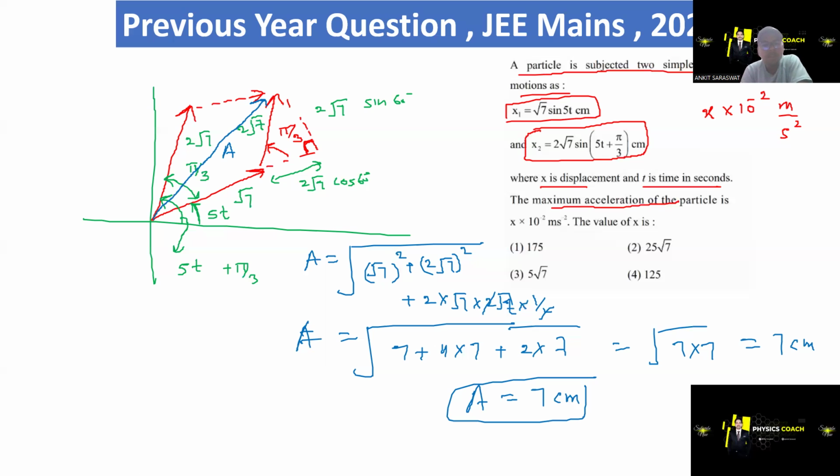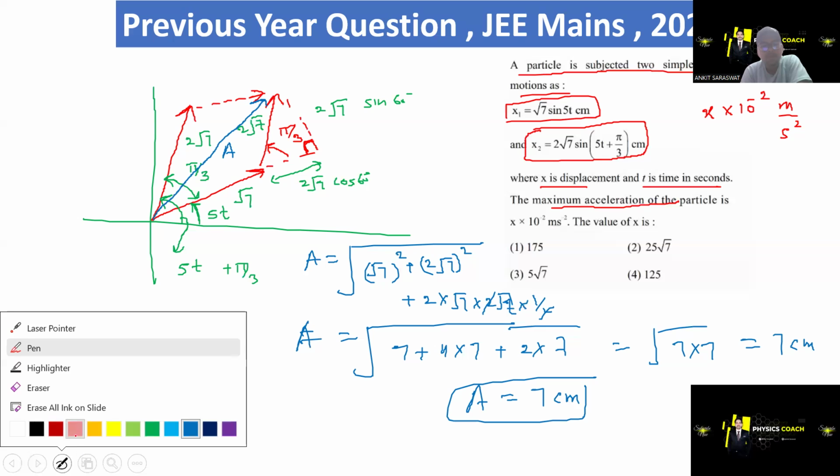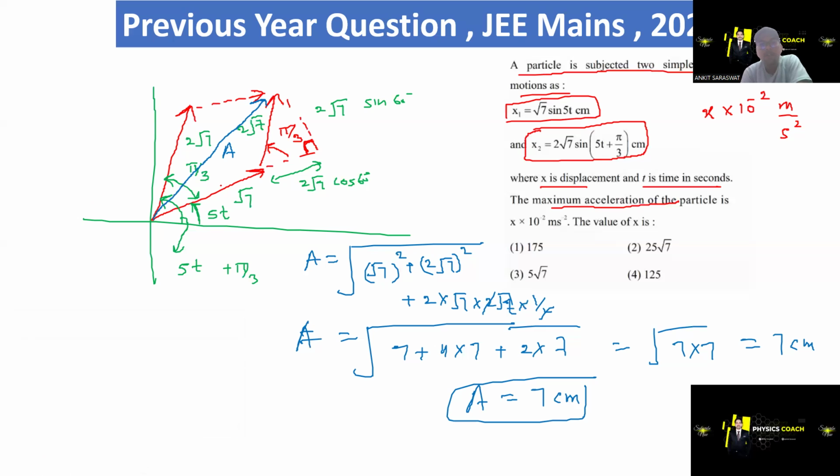So we got A. Next we need to find the direction also. Let us suppose this angle is alpha. How to find this alpha? Tan alpha will be perpendicular by base. If you take this triangle OAB, it will be perpendicular by base, AB by base, where OQ plus QB is the base.